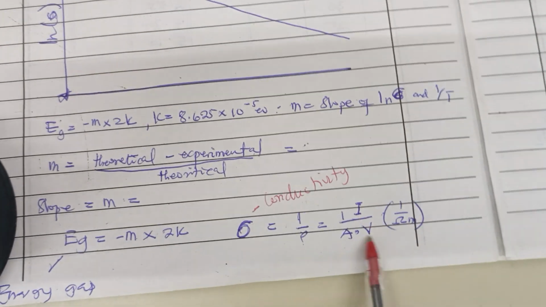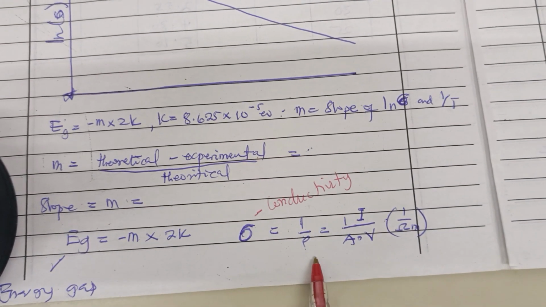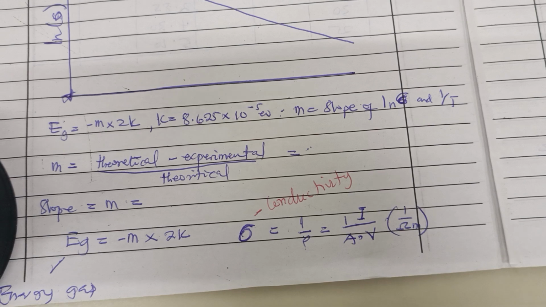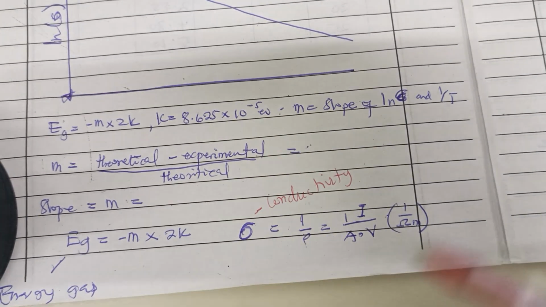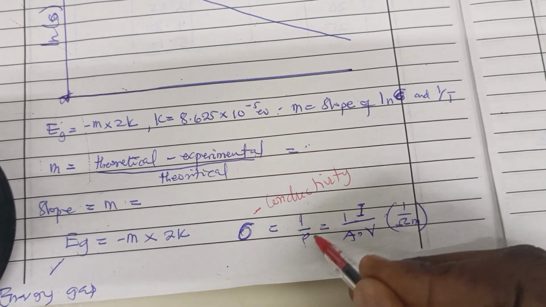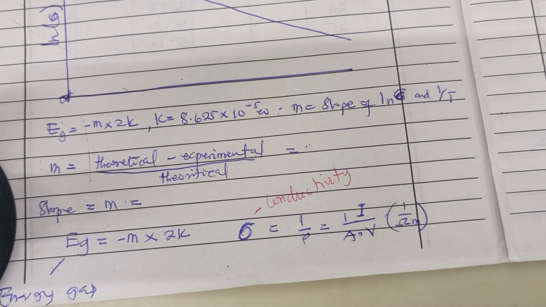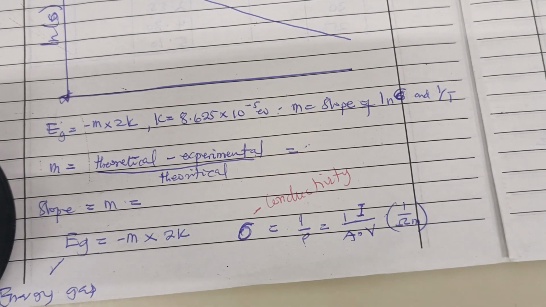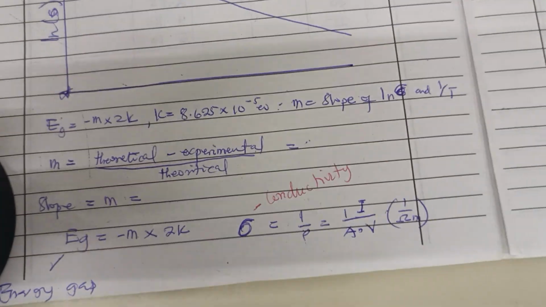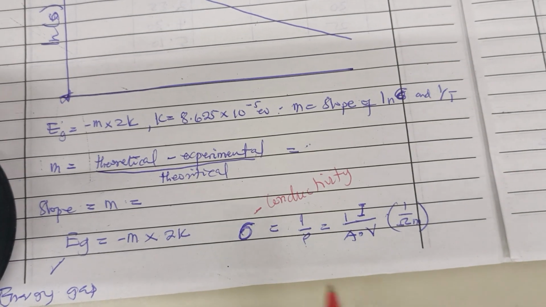Now this formula here is the conductivity. We all know that conductivity is the same as 1 over, or the inverse of, resistivity. So this particular value here is resistivity. In some of my other videos, I spoke about it. I think in the Wheatstone bridge experiment, I spoke about conductivity and resistivity.